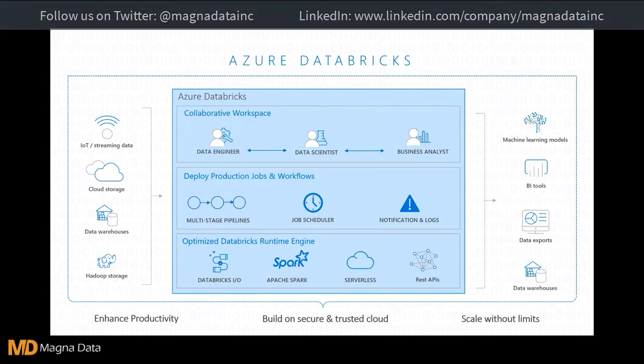And as outputs, it allows you to do machine learning models, BI tools, data exports, or you can also output to a data warehouse. So you can process data in Azure Databricks and have it consumed by or added to a data warehouse. In many complicated scenarios that we've deployed, we have multiple instances of Azure Databricks at different points in the architecture doing different jobs.